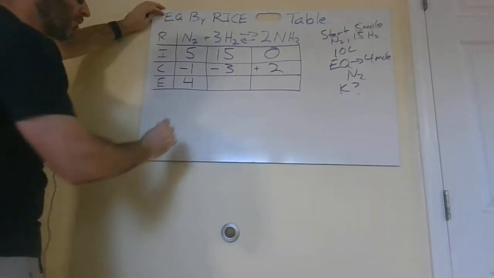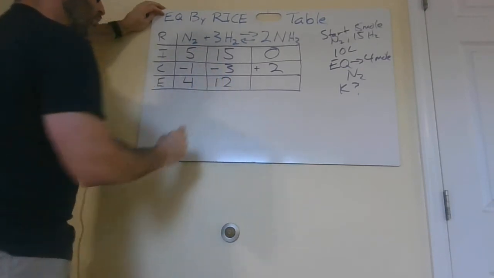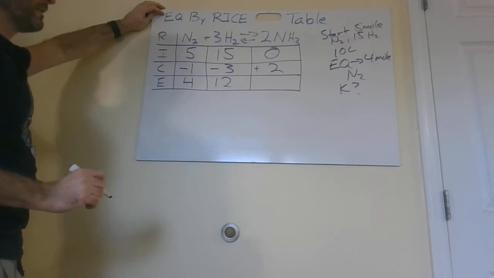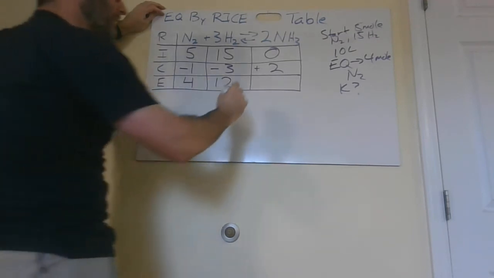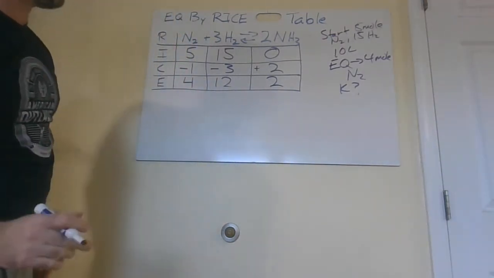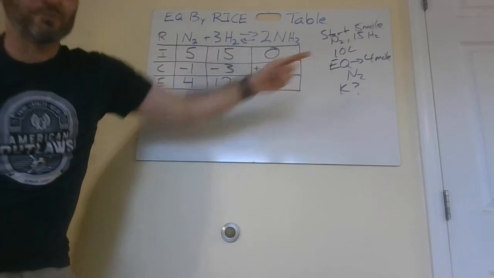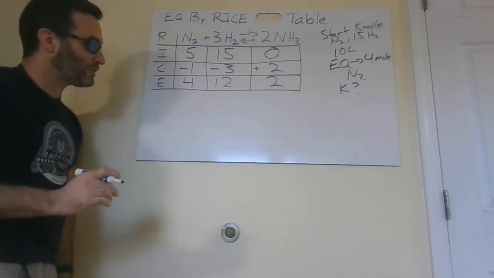Oh, well, this isn't so crazy now. 15 minus 3, you've got 12 moles of hydrogen gas left and 2 moles of ammonia remaining. Okay, well, it's in a 10-liter tank, so you can figure out concentrations pretty quickly.